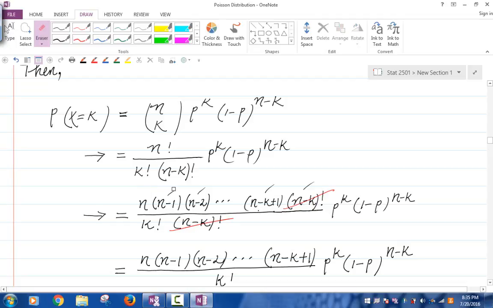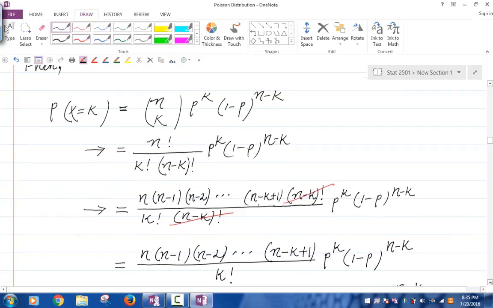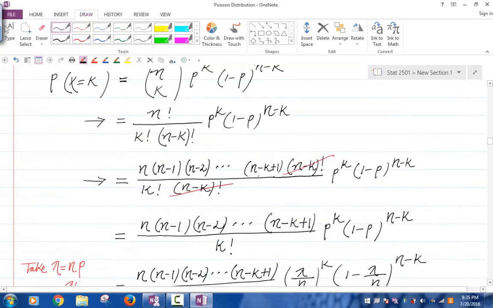Then I can cancel out (n - k) factorial. Once I do that, what I obtain is n(n - 1)(n - 2)...(n - k + 1) over k factorial times p^k (1 - p)^(n-k). So we rewrote the PMF of the binomial distribution in this way.